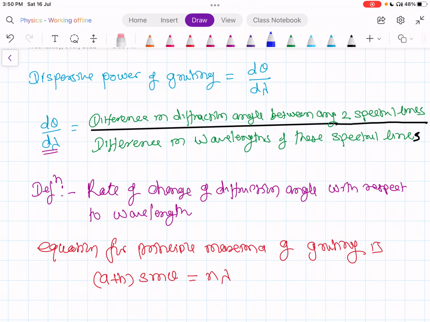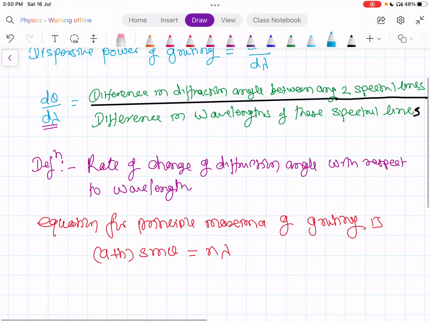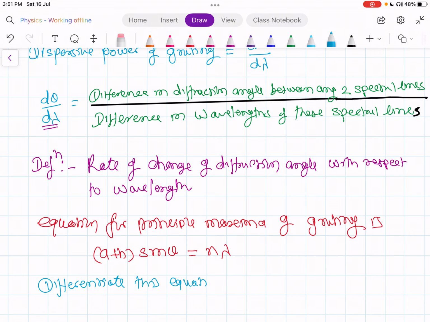Let us differentiate this equation on both sides.